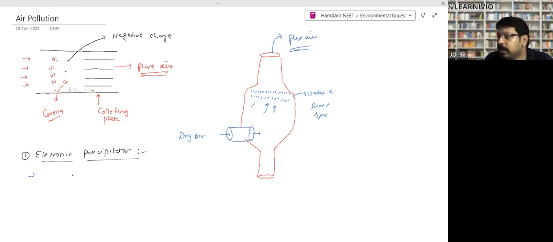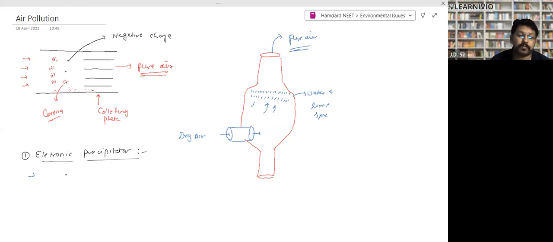If you go to nearby areas where mining is done, mining areas are basically in interior areas with lush green forest, but in those places there will be lots of dust pollution. Why? Because of the cutting of mountains and the excavation of sand and all that. So those areas are polluted because of solid particles.